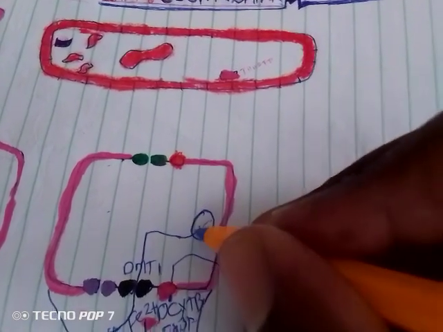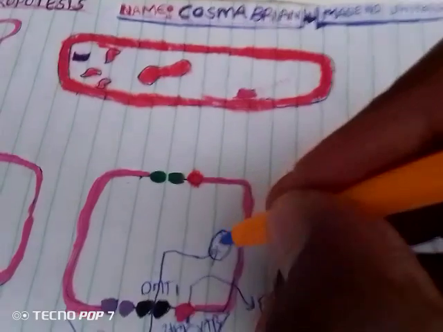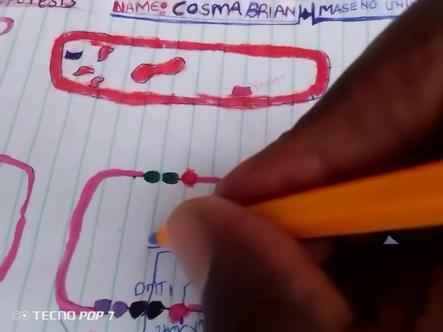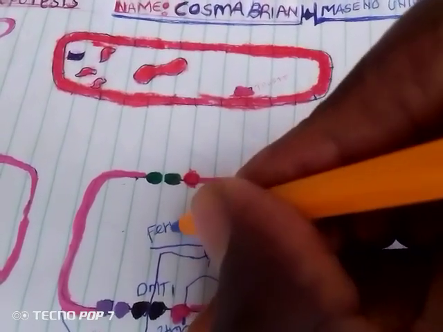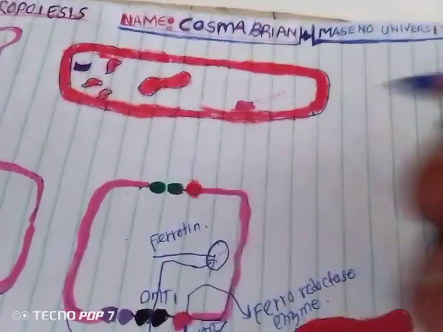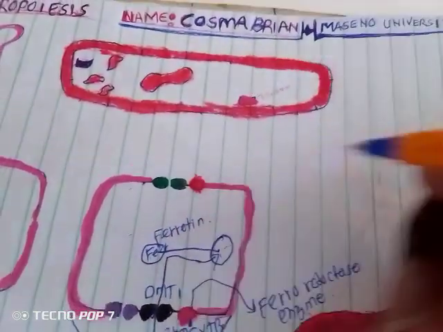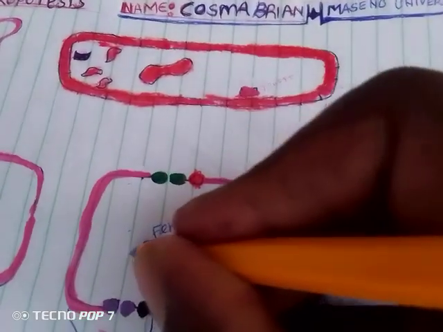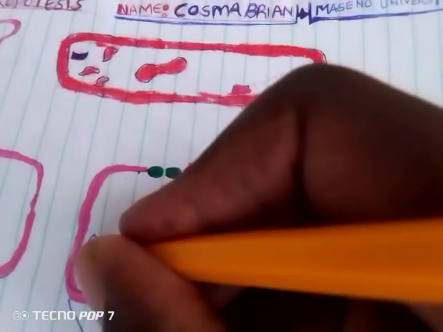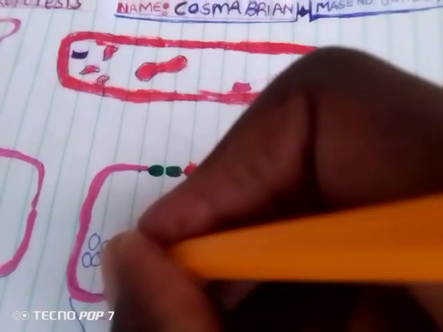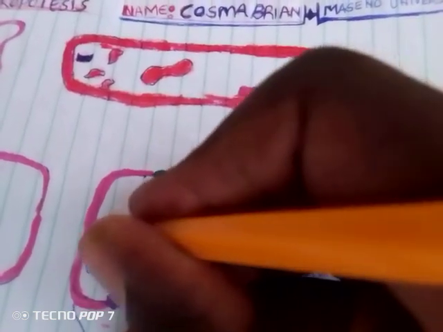This iron 2 positive binds with apoferritin to form ferritin. This ferritin leads to formation of a polymer known as hemosiderin.